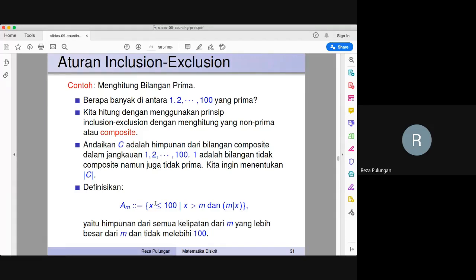Any number that you can divide by 2. 2 itself is not included, but it's okay. We start from 4. 4, 6, 8, and so on until 100. What about A3, for example? A3 is all multiples of 3, but not 3 itself. That means this is 6, 9, 12, and so forth. What about A4? A4 is the multiples of 4, A5 the multiples of 5, and so forth. You can see that.